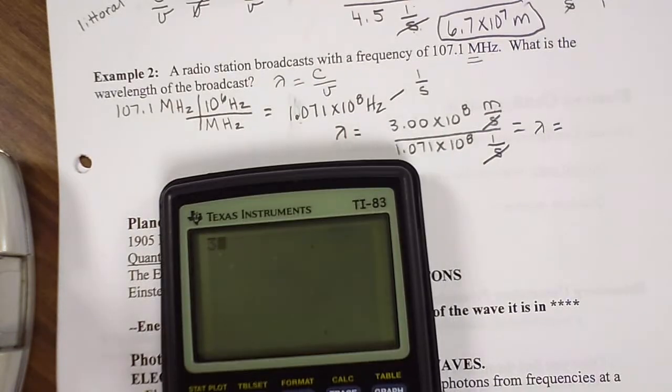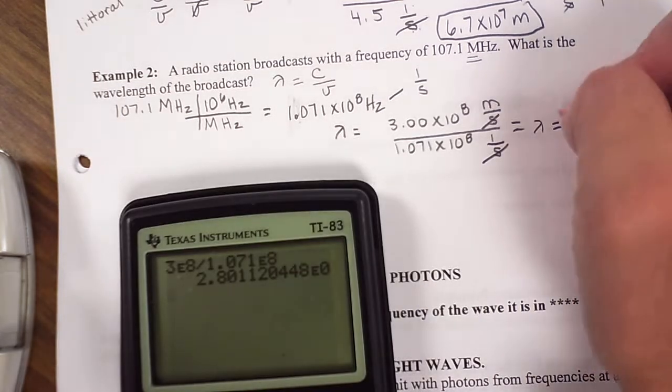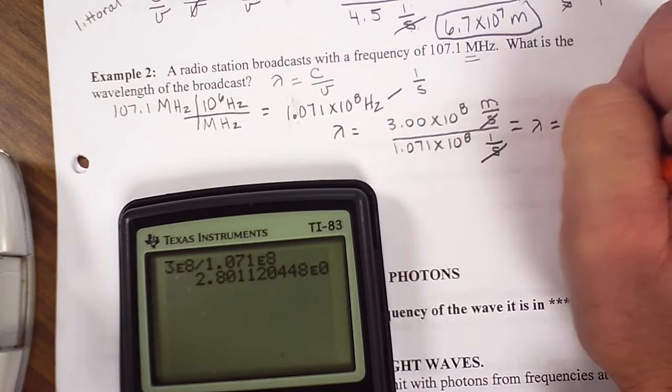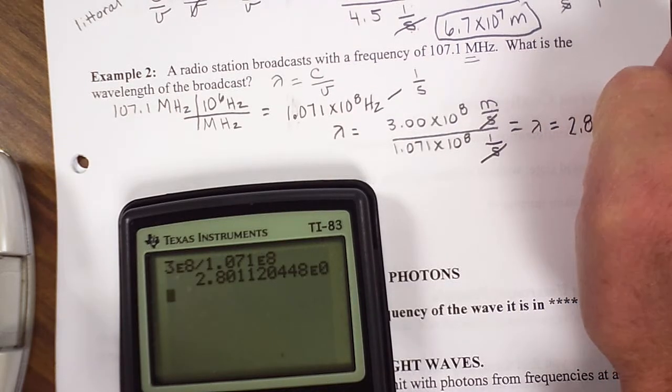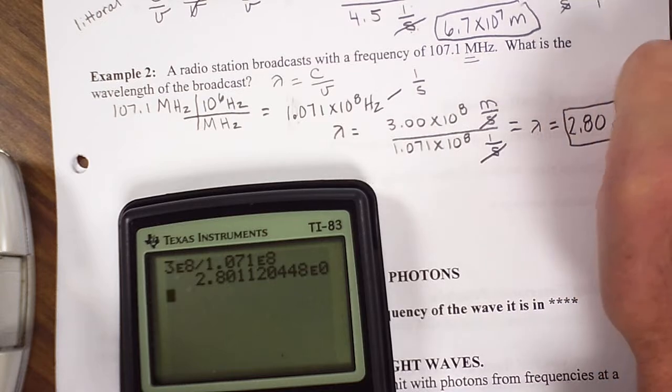Let's do the calculation: 3e8 divided by that, and I get 2.80. Just 2.80, and my unit is meters. That's my answer.